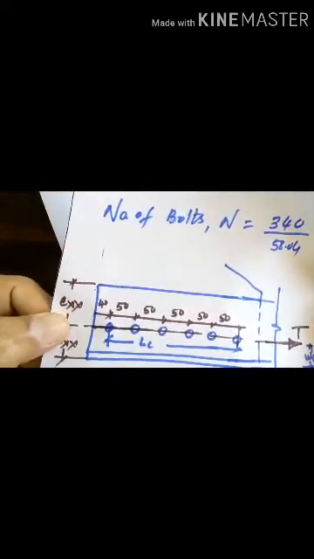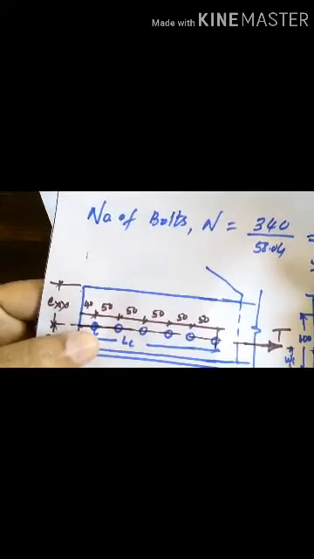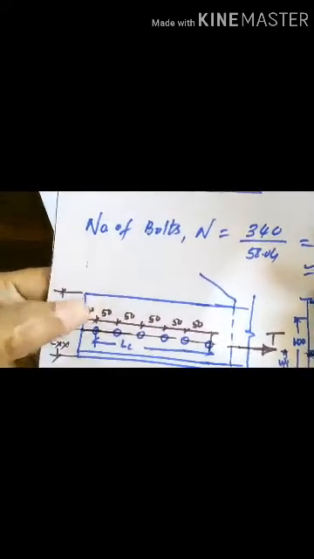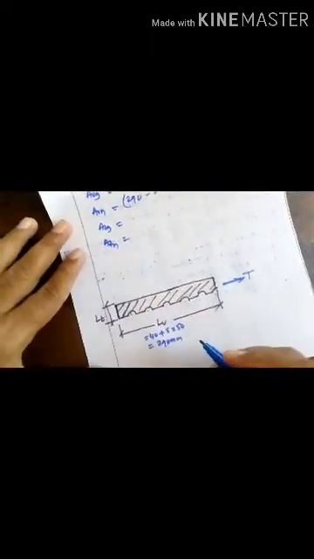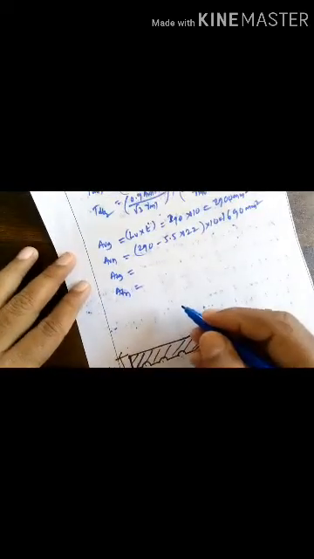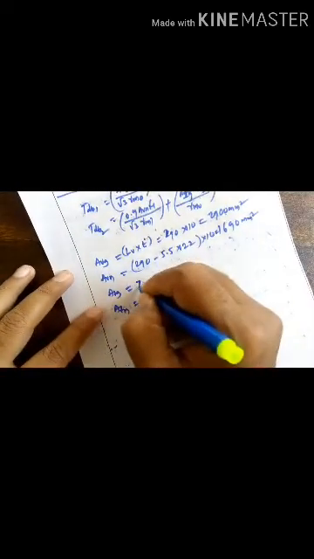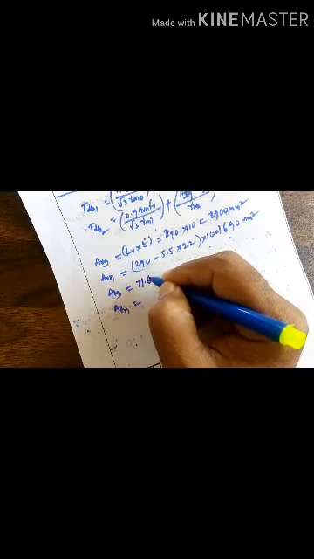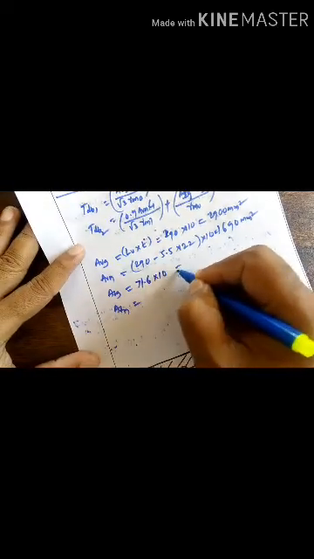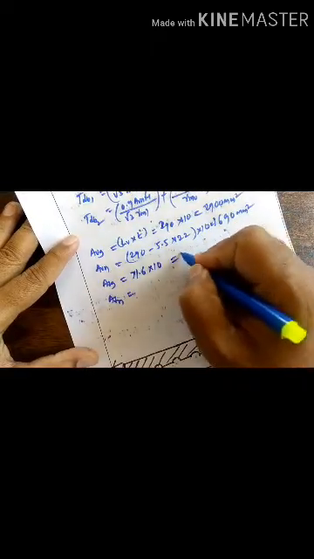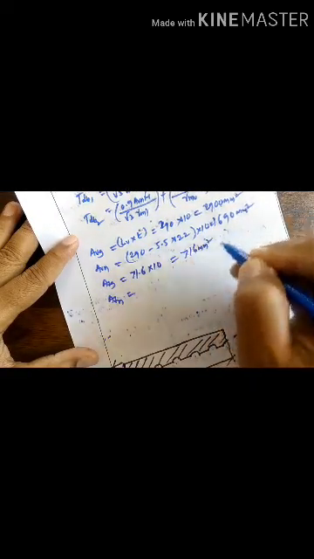Similarly calculate ATZ, which means this area, that is the tension area. For the tension area we have LT, which is the exx distance, this distance exx to be taken from the center of the bolt hole to the toe of the angle section. This much area is under tension. That is, exx is 71.6 into 10, you get 716 millimeter square.